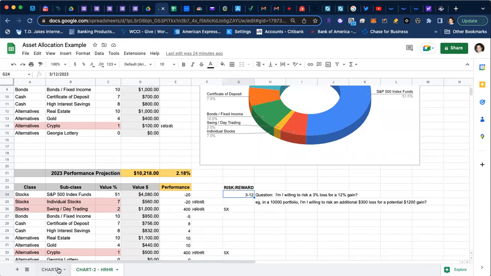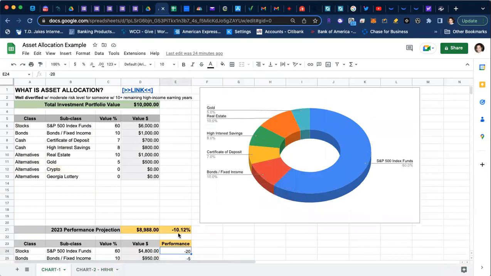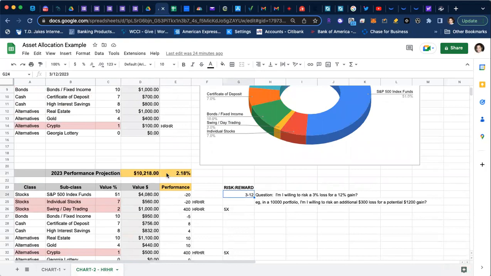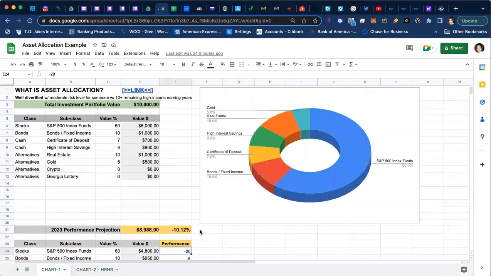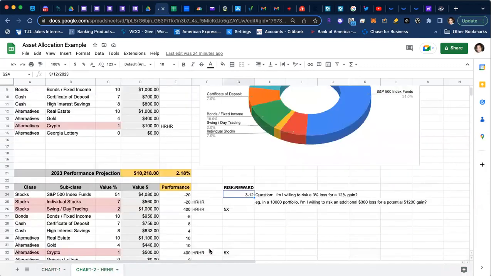My overall performance of this portfolio went from minus 10% to an overall performance of plus 2%, which is a 12% swing, right? So essentially, I risked 3% for the potential of getting 12. And in this case, I got that 12%, and that basically allowed me to overcome all the losses that were in my overall portfolio.